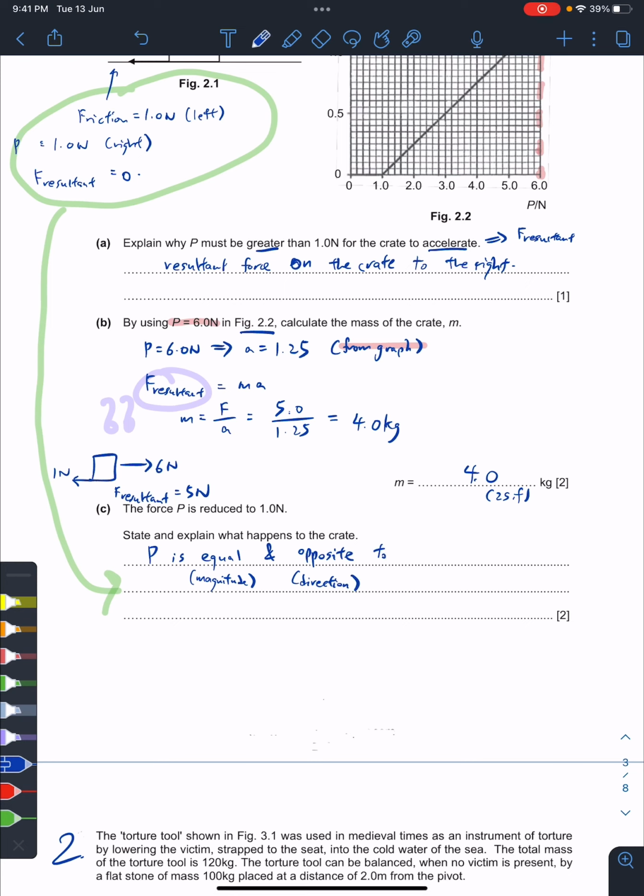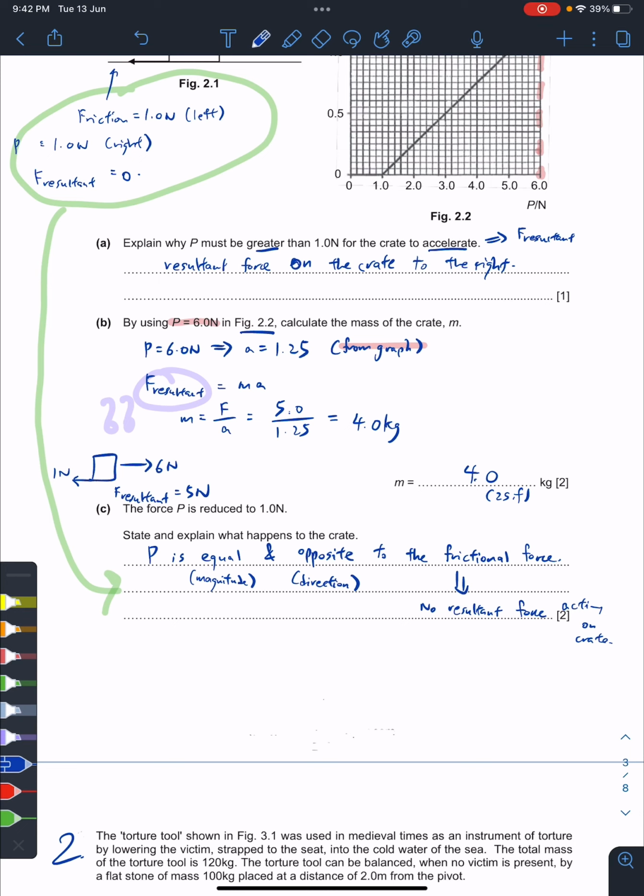To the frictional force. In other words, they cancel out, which means there is no resultant force acting on crate. Cool, yay! So that will give you your first mark.